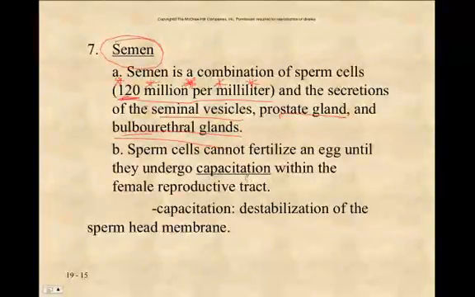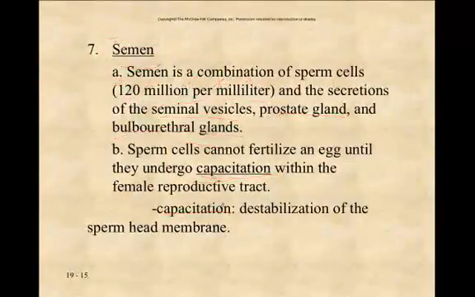Sperm cells cannot fertilize an egg without undergoing what's called capacitation. Capacitation happens inside the female reproductive tract. Basically, what capacitation means is that the outer sperm cell head membrane becomes destabilized. It starts to break down.